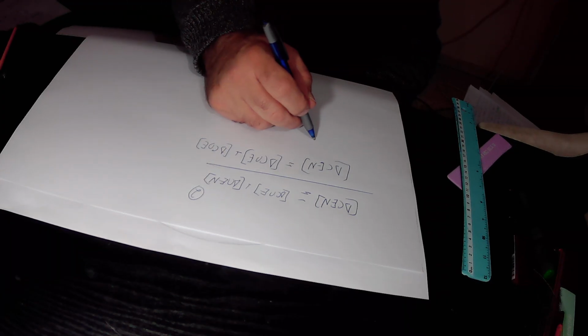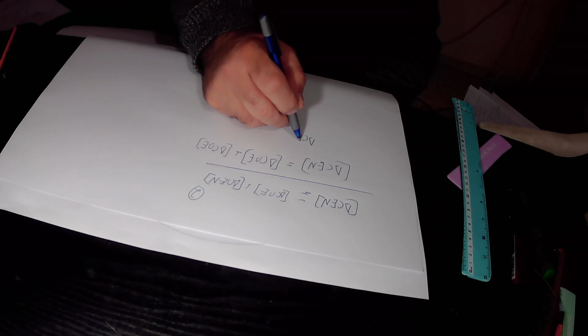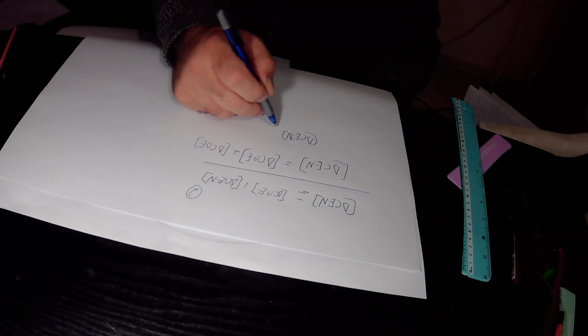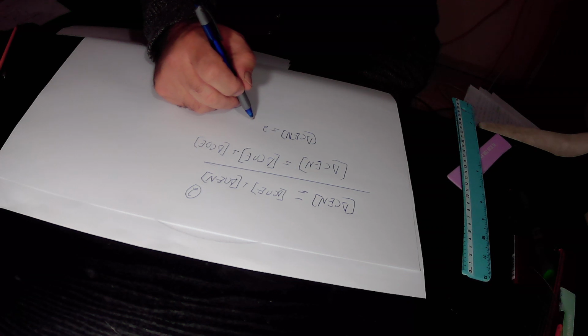So the area of the big triangle CEN equals 2 times the area of the green triangle COE.